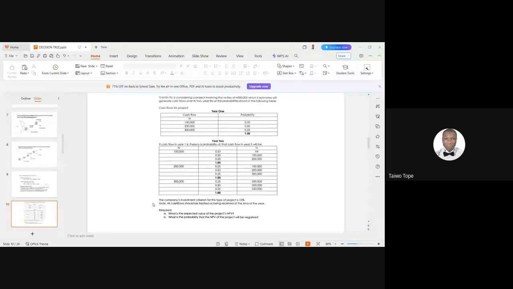Required: what is the expected value of the project NPV? And what is the probability that the NPV of the project will be negative?